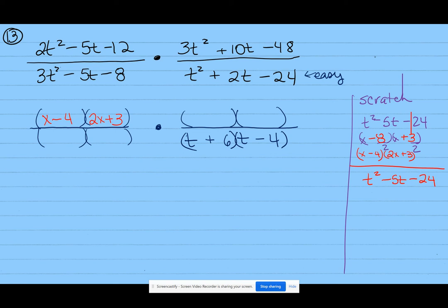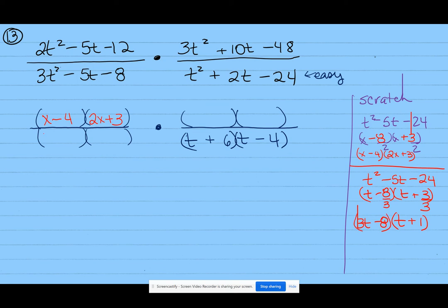No. It looks exactly the same. Oh, I know it's going to be different because I'm going to divide by the 3 this time. It does look the same, doesn't it? It's going to give me a minus 8, and it's going to give me a plus 3. But this time I get a t plus 1 and a 3t minus 8.